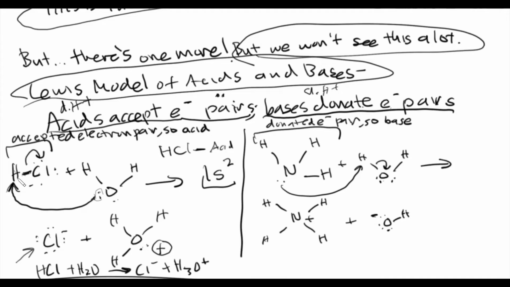Meanwhile, the H over here got connected to the H2O over here to form the H3O plus we see over here. So, kind of complicated, and you're wondering, how do the charges work? Well, that plus charge right there, you can easily determine by looking at the formal charge of oxygen.